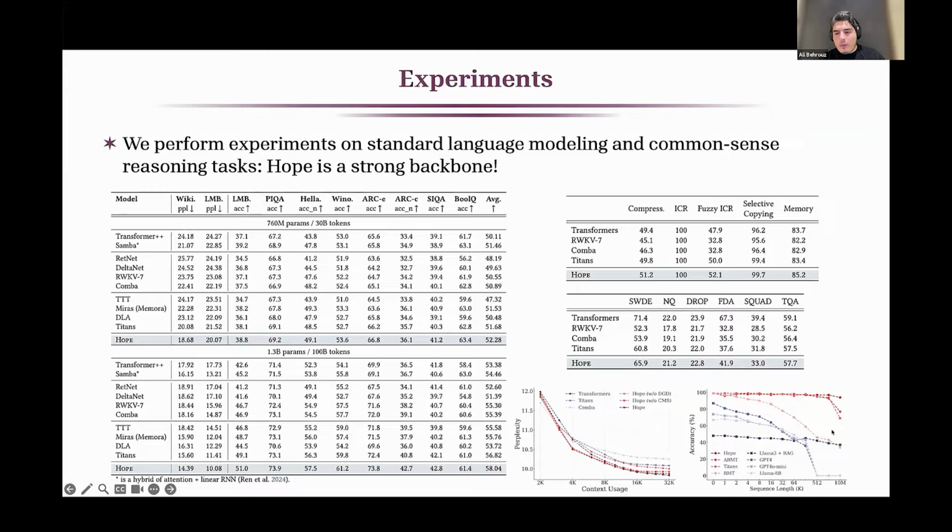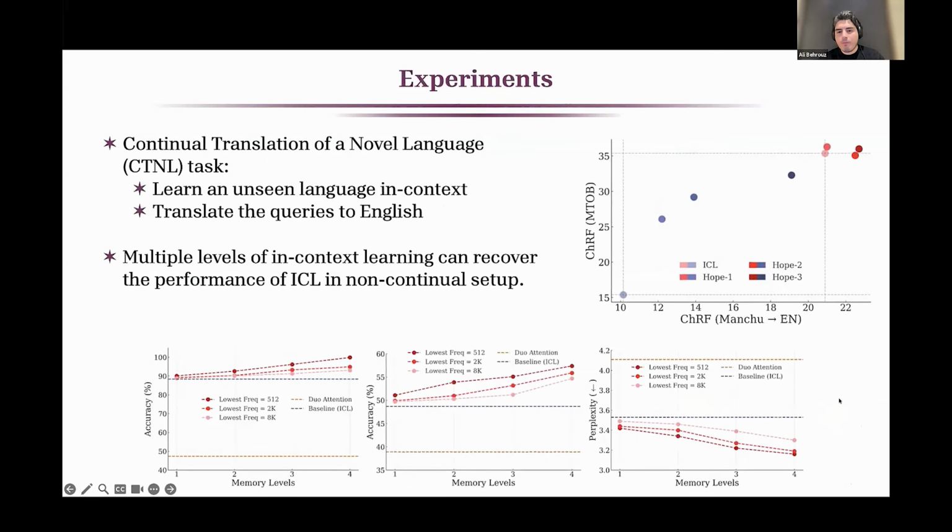The most important part is this long context modeling. We have a task where we increase the context to even 10 million, and we can see that a lot of models, even ultra large models like ChatGPT 4 or Llama with 8 billion parameters, all face issues when they want to scale to a larger context window. But for HOPE, we achieved more than 90% even with 10 million tokens.